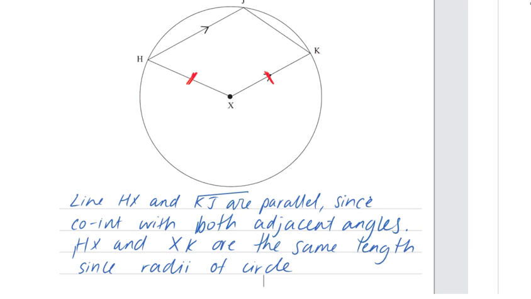So I guess the last one is maybe a little bit more of a jump. If we bisected this shape in the middle, we know that this is 60 and this is 60. If I bisect this angle here, what are the two sides of my angle going to be equal to? 60.